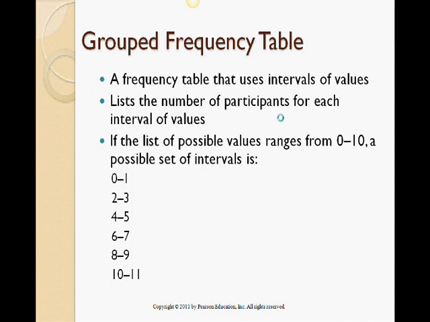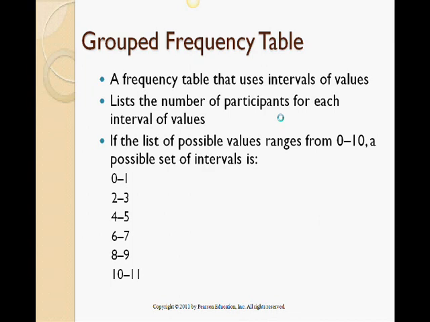A student graduates with 120 credits. So the values can be from 0 for someone who is just starting college and hasn't earned any college credit, to someone who has 120 where they're ready to graduate.